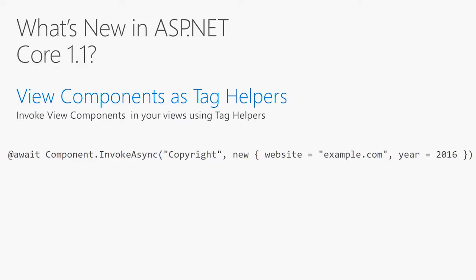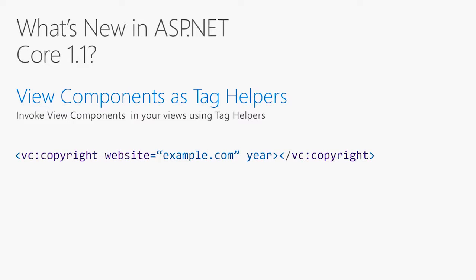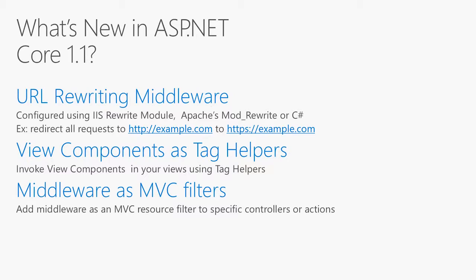Previously, to invoke a view component from a view, you would use the Component.InvokeAsync method and pass a view component argument using an anonymous object like this. Instead, you can invoke a component like you would a tag helper, while still getting the IntelliSense of a view component parameters.